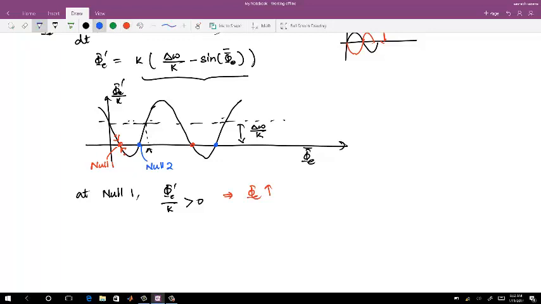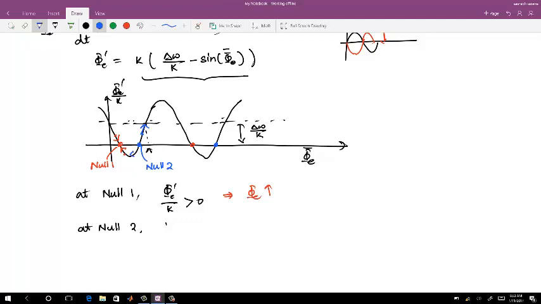Whereas at null 2, if d phi e by dt is greater than 0, you will move outward. And for this side, you will move this way.